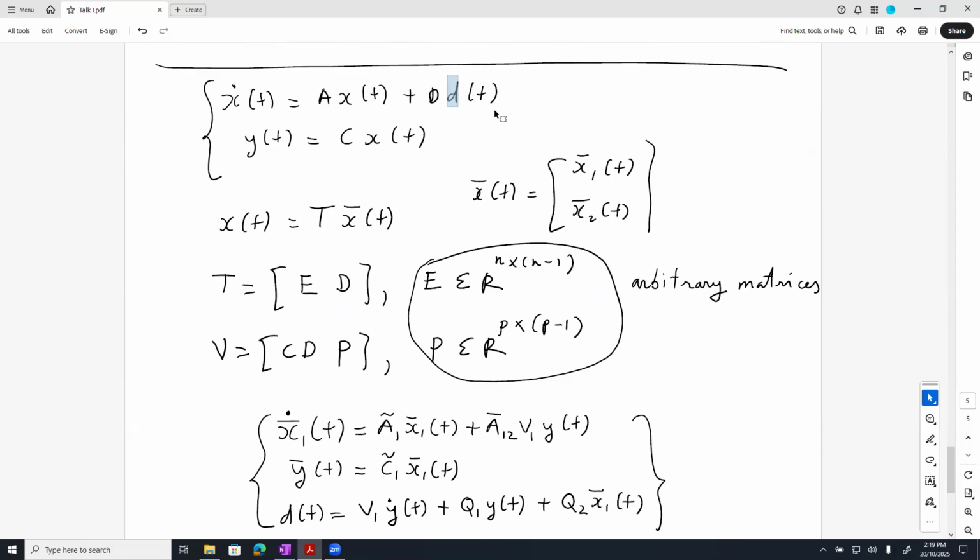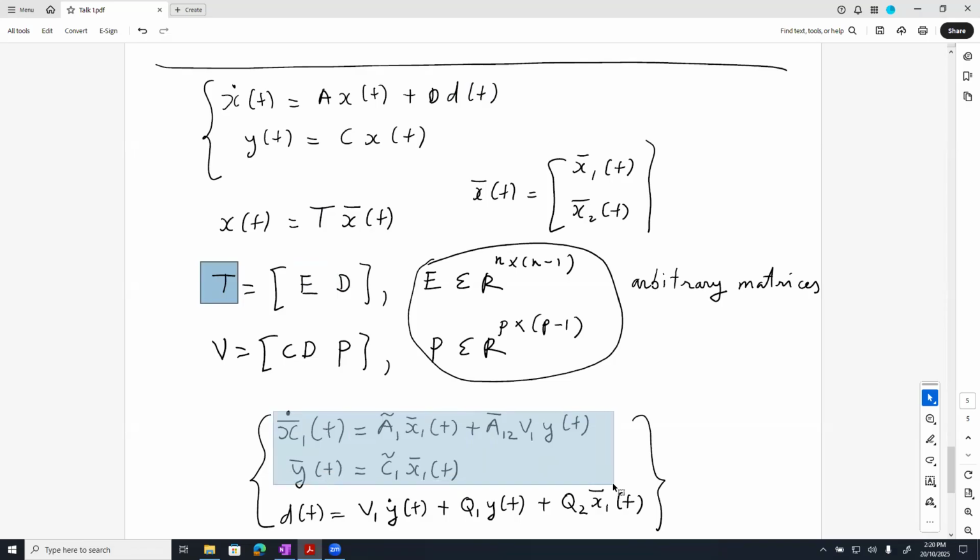Here we just have a single unknown input. If it's more than one, it shouldn't be any problem. So we introduce the matrix transformation T, where T is ED, and at the moment E is an arbitrary matrix, as long as it is chosen in such a way that T is invertible. The transformation will decouple the unknown input completely from x1 bar, and so we obtain a reduced order system.